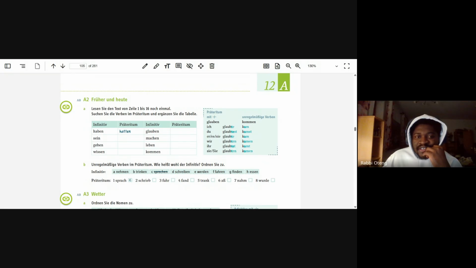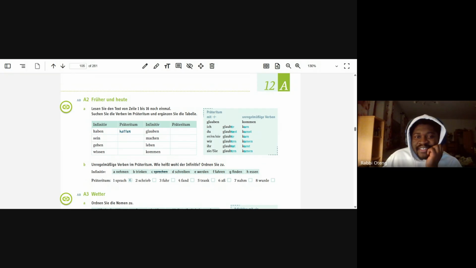We have verschwinden, which means to disappear. If you want to say "he disappeared in the morning": er verschwand. The i-n changes to a-n. There are plenty of verbs that contain i.